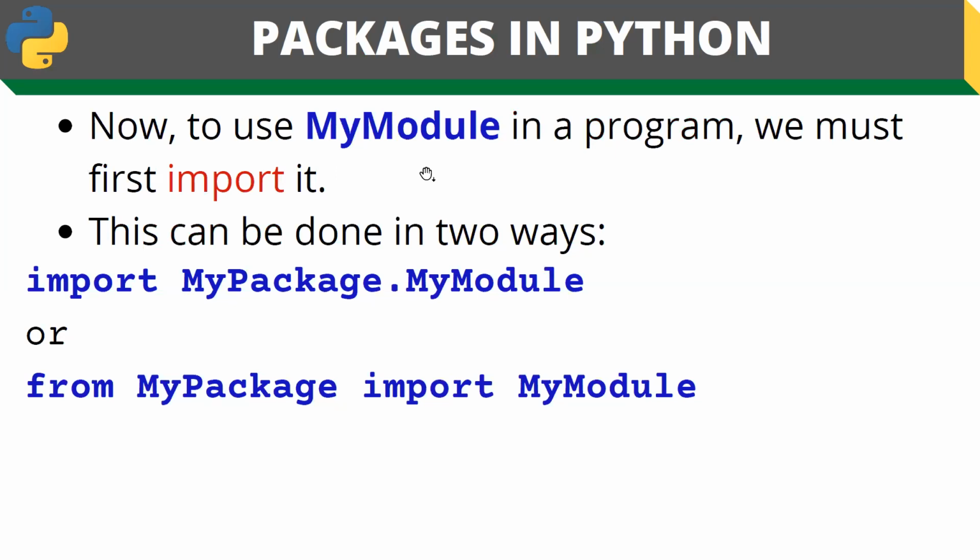Now to use my_module in a program, first we have to import it. There are two ways. The first one: import my_package.my_module. First the package, and in that package, the module. Or using the from-import statement: from my_package import my_module. You can use either of these two methods.